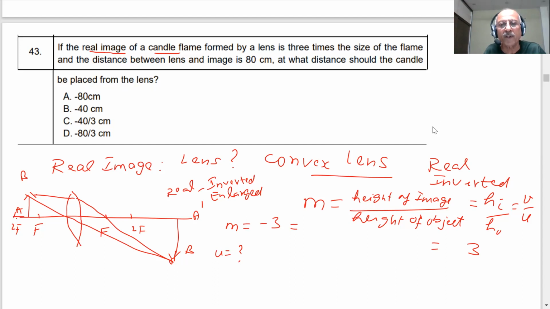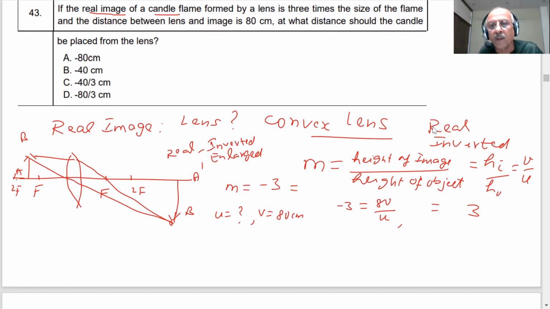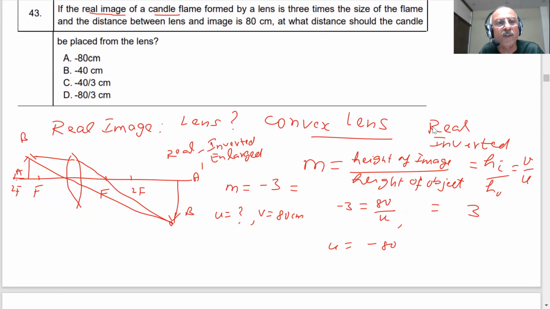Distance between lens and image, V, is 80 centimeter. So -3 is equal to 80 by u. U is the distance of the object. Then u will be equal to minus 80 by 3 centimeter.